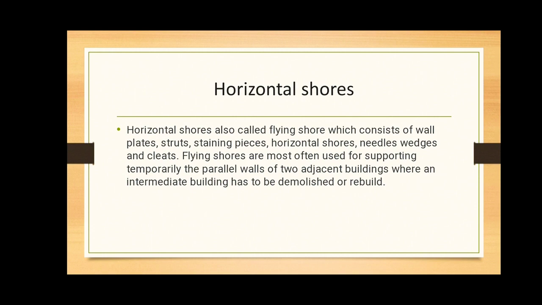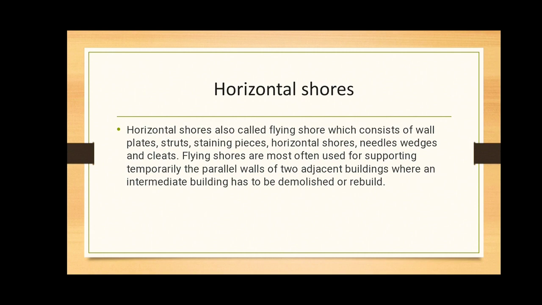Then come the horizontal shores. The horizontal shores are also called flying shores, and they consist of wall plates, struts, standing pieces, needles, wedges, and cleats. They are most often used for temporarily supporting the parallel walls of two adjacent buildings where an intermediate building has to be demolished or rebuilt.